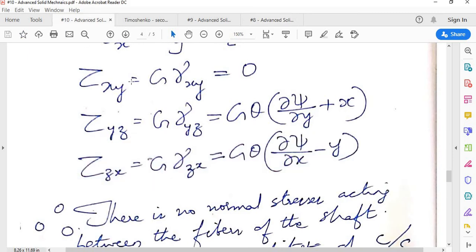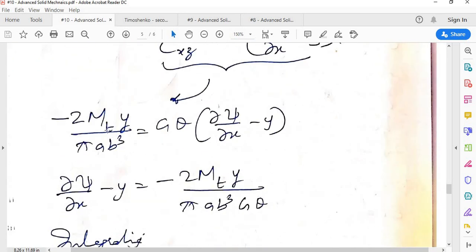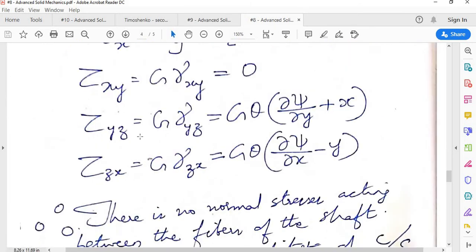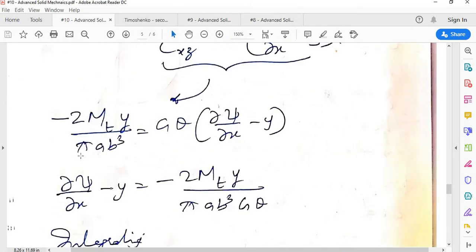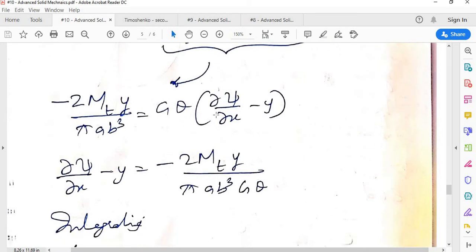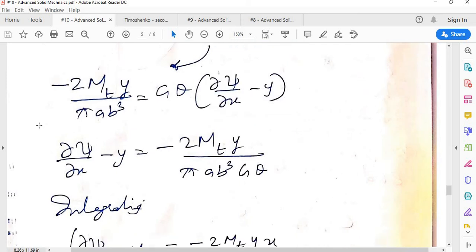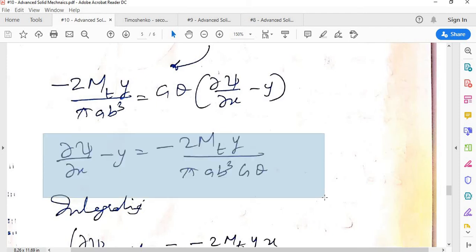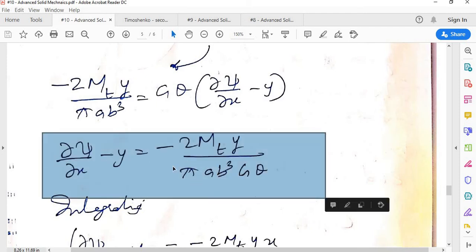Because you know the expression for tau zx and the expression for theta, see here, the warping function is with respect to x, so you have to integrate the entire expression with respect to x.